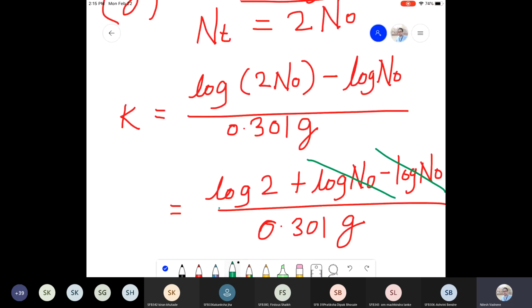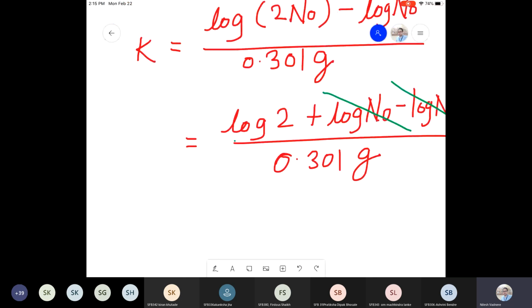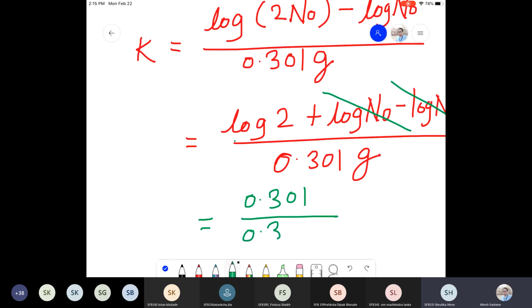Now what remains is log of 2. Log of 2 कितना रहता है? It is 0.301. 0.301 divided by 0.301 g.